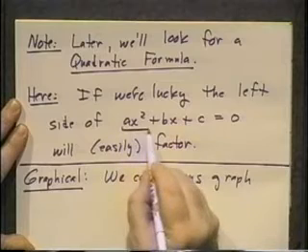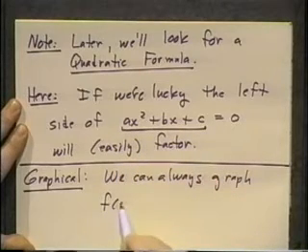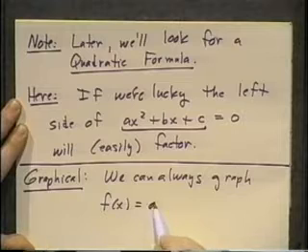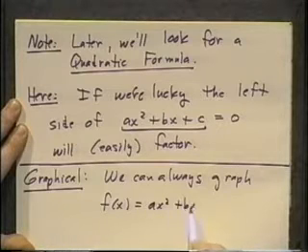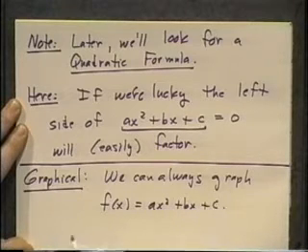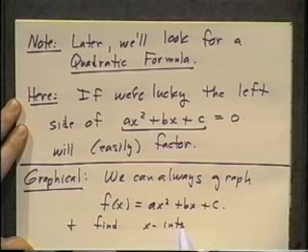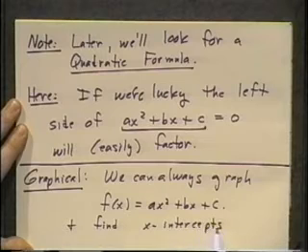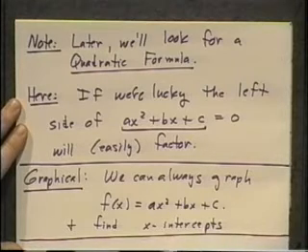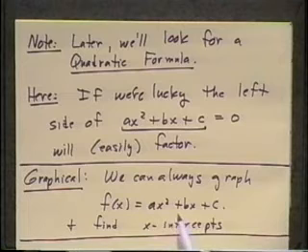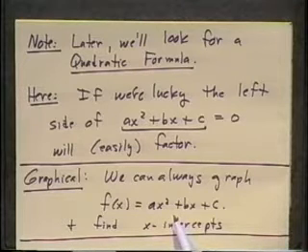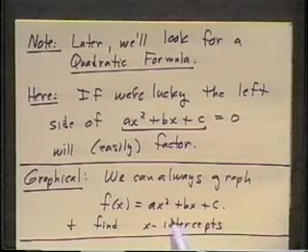Well, we take the left-hand side, just as we did with linear equations. We take f of x equals ax squared plus bx plus c, and find x-intercepts. So that is exactly the same procedure we used before, except that now we're doing it with a new higher degree equation. So the principle remains the same.